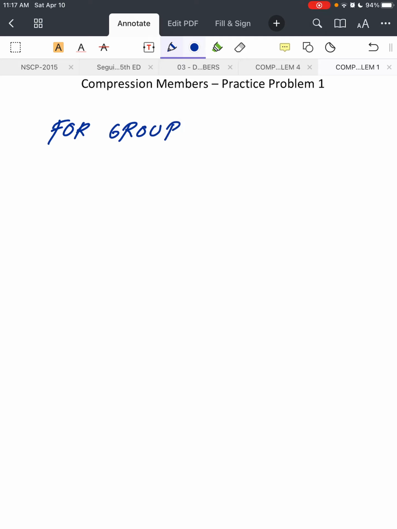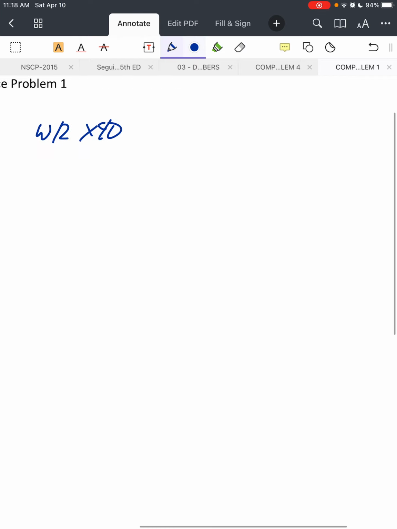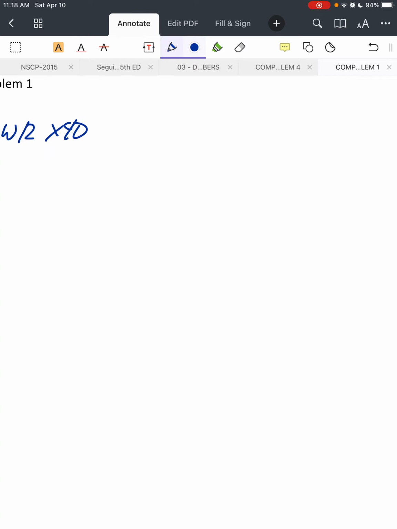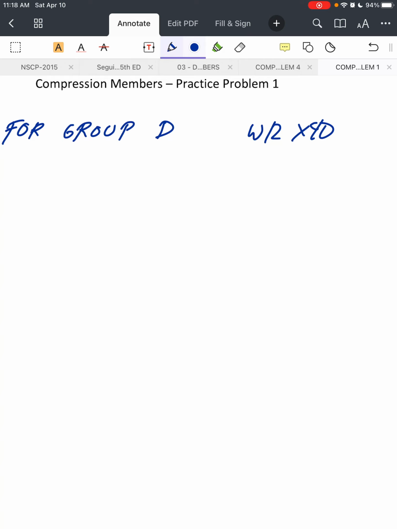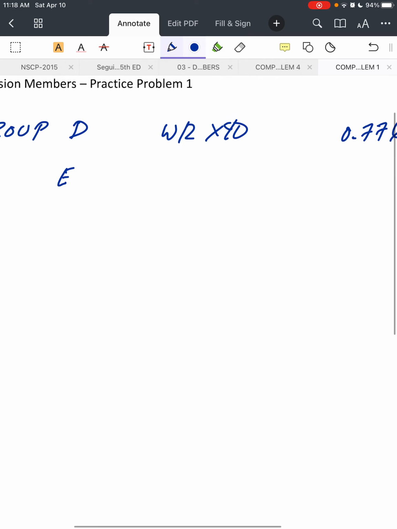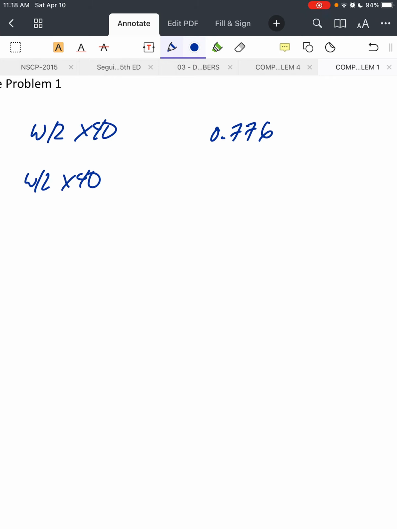For group D, we use W12x40 and your DC ratio is 0.776. For group E, we use W12x40 also, and our DC for that is 0.795.